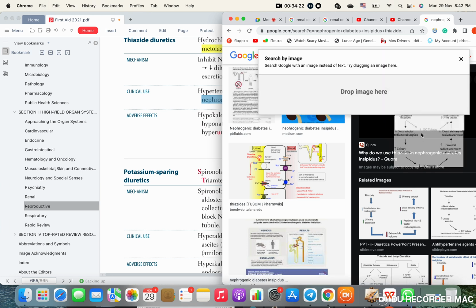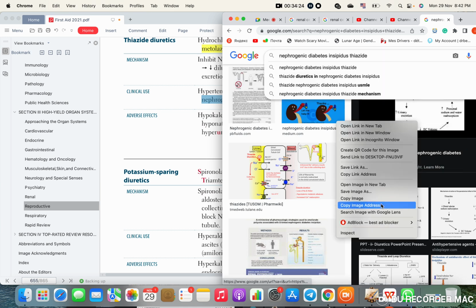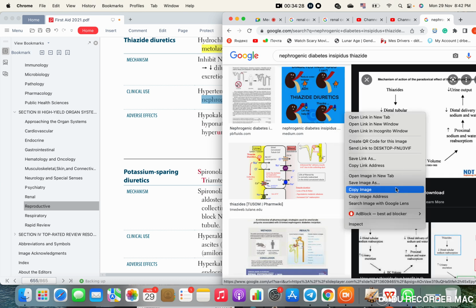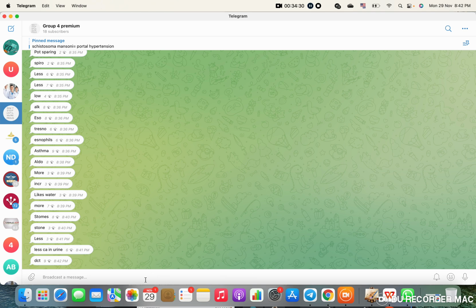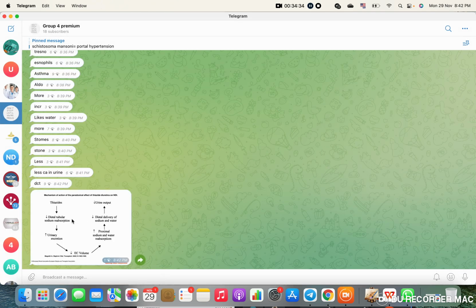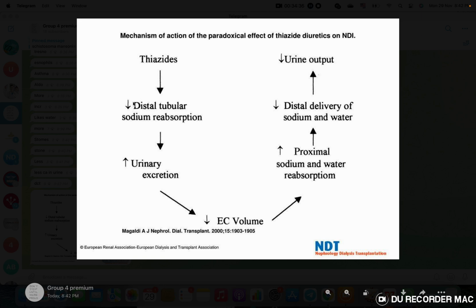Let me just try to copy this picture because, yep, okay, this is much better. At the distal convoluted tubule, yes. So it leads to less distal tubular sodium reabsorption, which increases your urinary excretion. You have more urinary excretion.